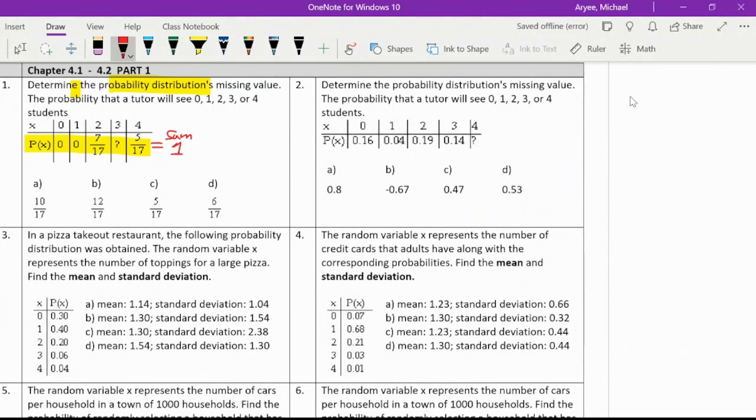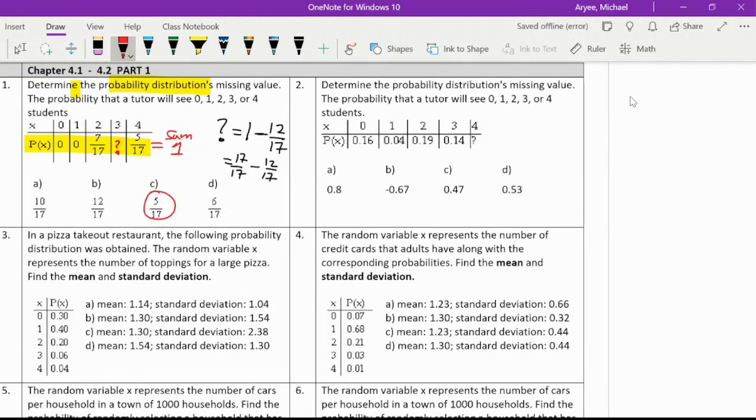So you ask yourself, what should I put in the question mark that gives me an answer of 1? One way to do that problem is to say the question mark is equal to 1 minus the sum of what is already there. So 1 minus 12 over 17, or 17 over 17 minus 12 over 17. Obviously here you get 5 over 8.